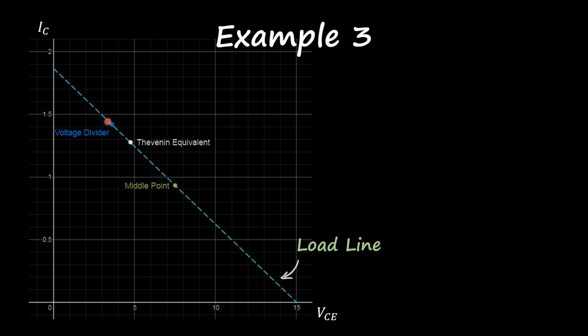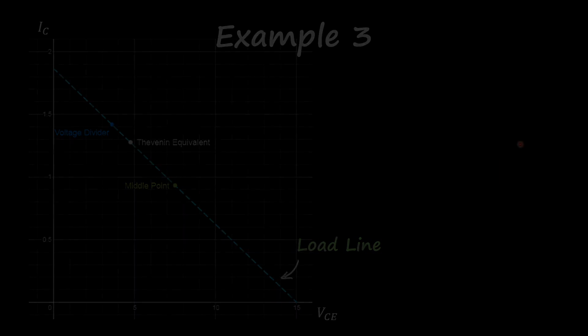In reality, even if the Thevenin equivalent is operating very close to saturation, you don't want that to happen. You bring that operating point down, either to the middle point or even lower than that. And that's why the voltage divider is acceptable as a rule of thumb to understand where the transistor is operating. And let's go and simulate these now in Falstad.